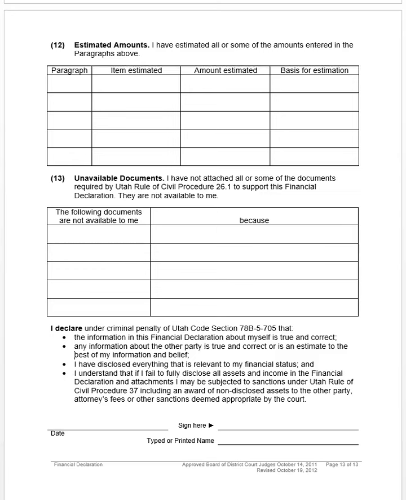Perhaps you are, but if you're not, I didn't file my financial declaration, but I am telling you, Your Honor, that I did serve a copy of my complete financial declaration on my spouse on this date and time. But in your financial declaration itself, you are declaring under criminal penalty of perjury that you are being honest with the court and with your spouse.